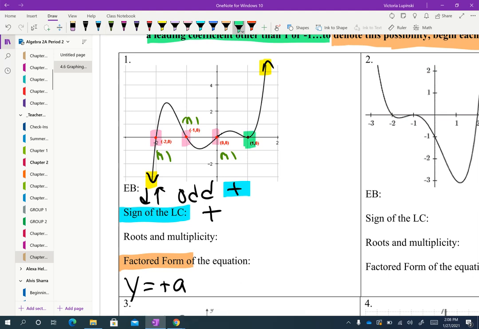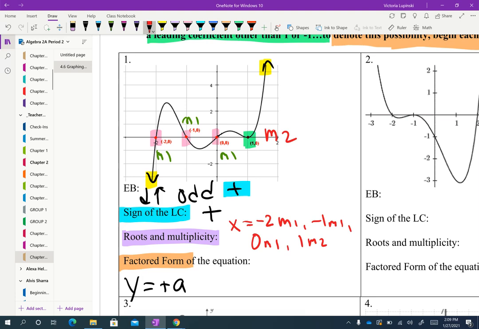Look at what's happening over here at 1, though. That's not a cross, that's a bounce, which means you're going to call that an M2. So here, you're just going to go ahead and list those out. And I would just go from left to right. So you're going to say x equals -2 M1, -1 M1, 0 M1, and then 1 M2.